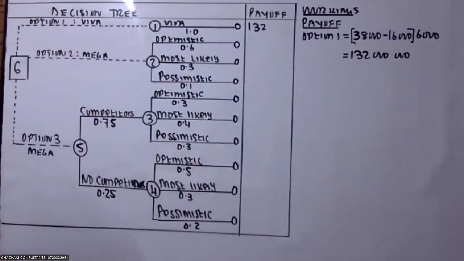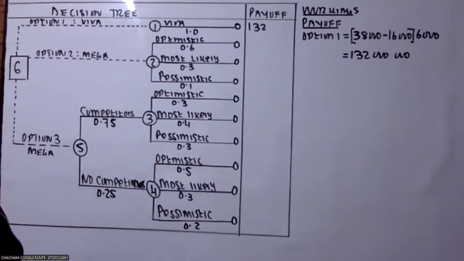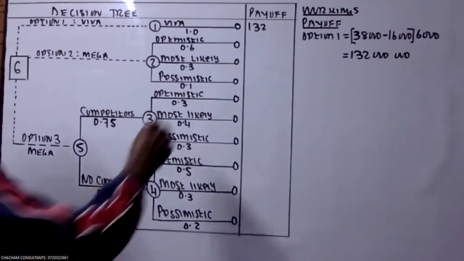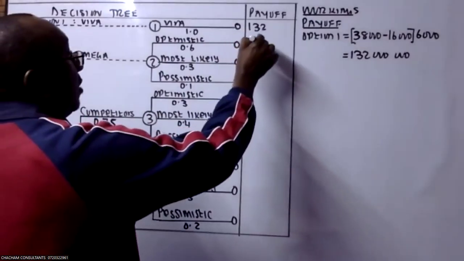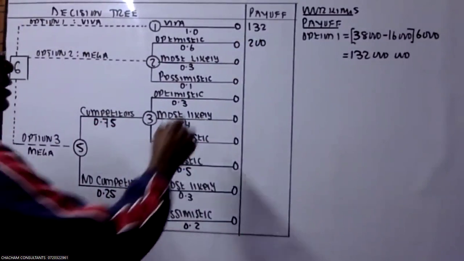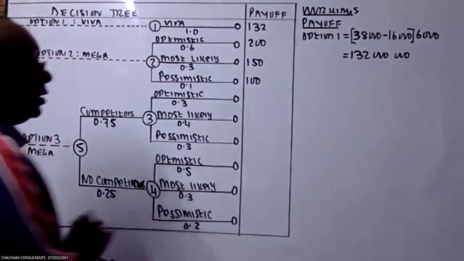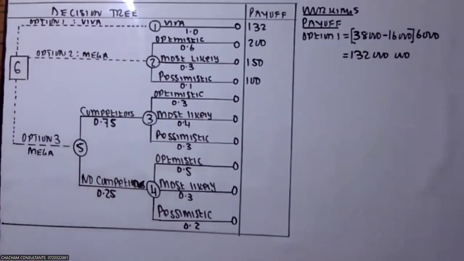Shillings in millions. For the others, we are already given. At the optimistic, for option 2, it is 200 million. So this one does not require working. The next one is 150. The next one is 100. Then, with competitors, we have 220.